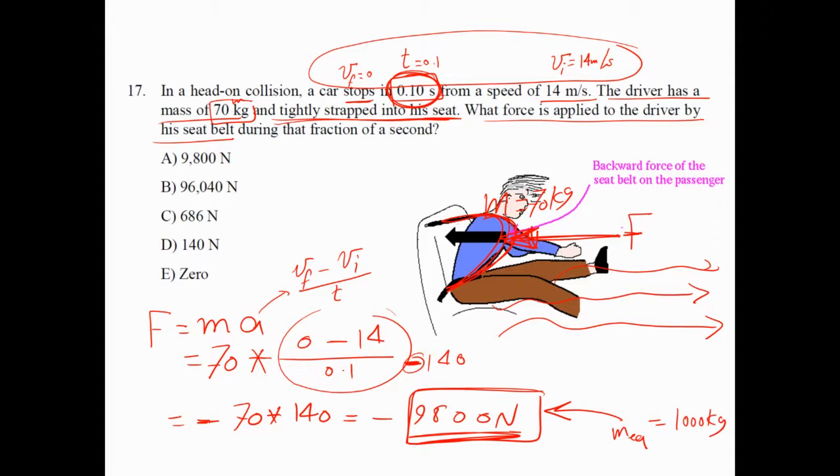This is the equivalent mass of the force of the seat belt. It's like you are carrying 1 ton of material on your chest during the accident.